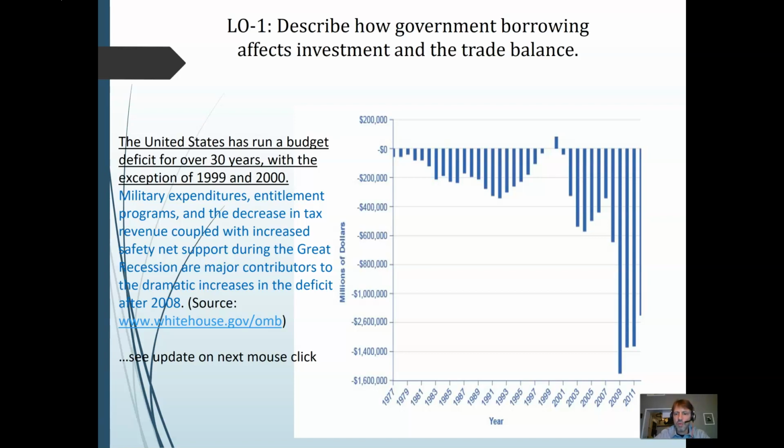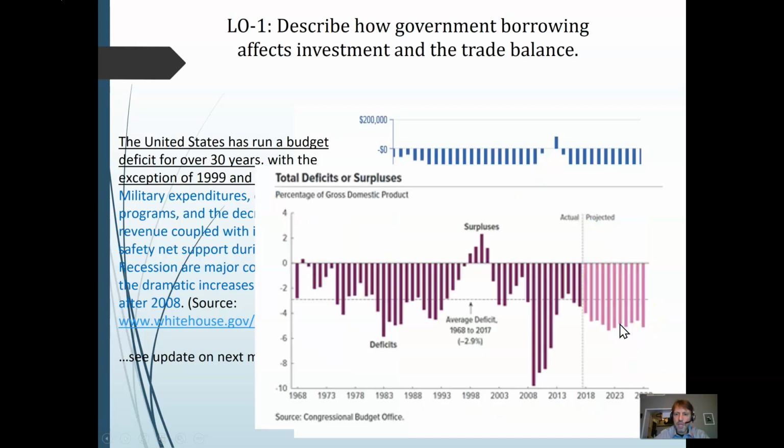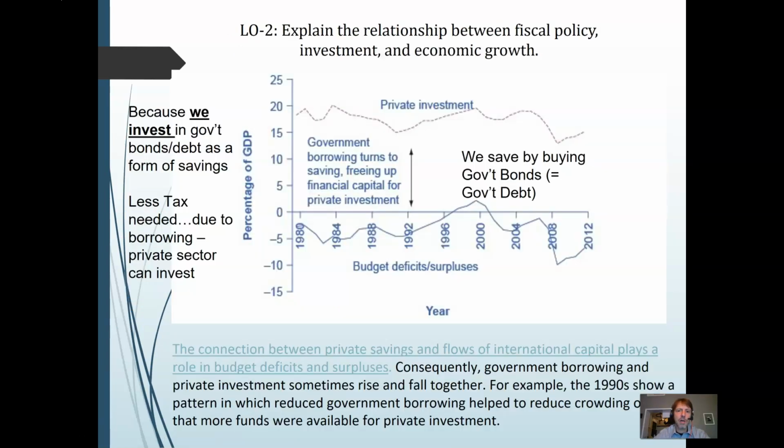For example, you see significant deficits in '09, '10, '11 because of responding to that recession. And if we were to update it through at least 2018, it would look like this. 2019 and '20 have probably been even worse than predicted because the pandemic wouldn't have been seen coming.